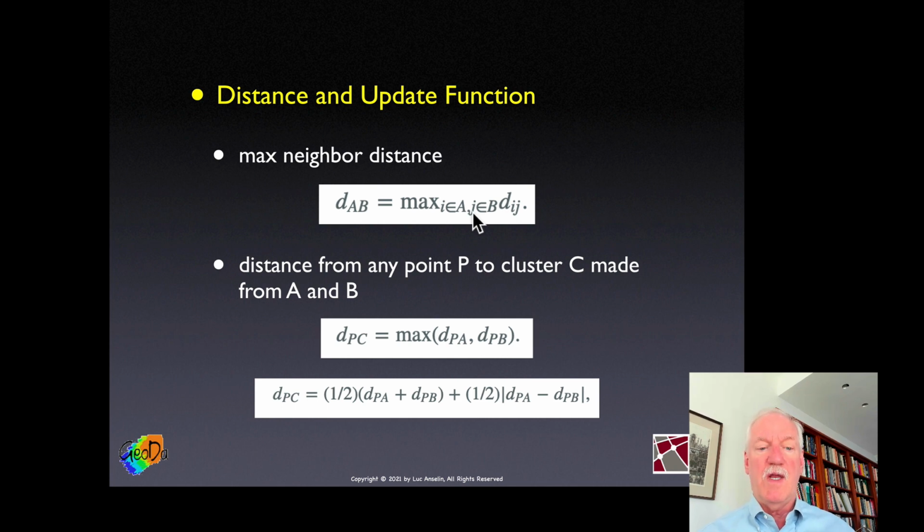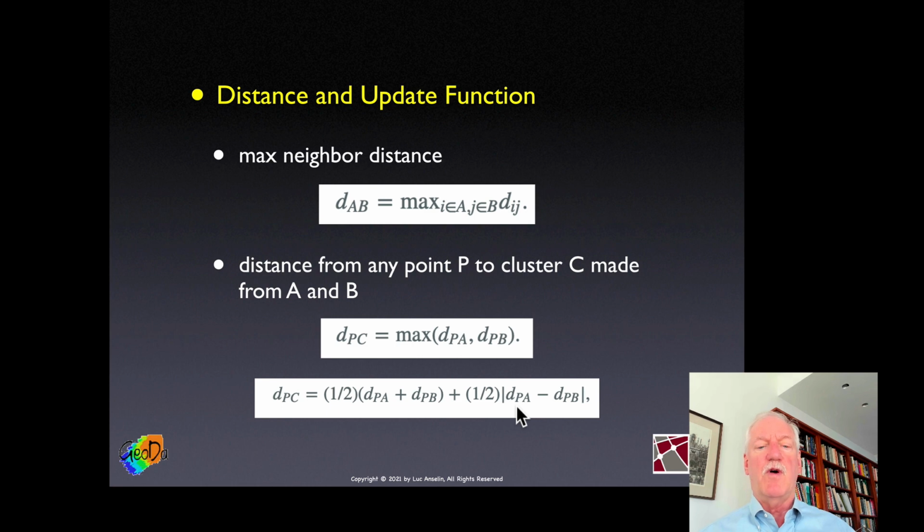Similarly, the distance from any point P to the new cluster C made from merging A and B is: you look between P and A and find the largest distance, and P and B and find the largest distance, and take the maximum of those two. Again, a simple equation is 1/2 of the two distances summed, now plus 1/2 of the absolute difference.